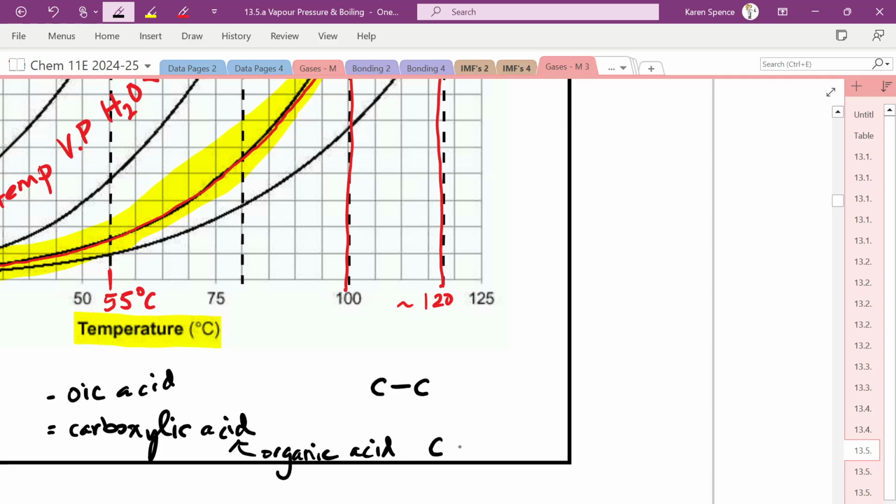C, O, O, H. Does that look familiar? Organic acids, carboxylic acids end in COOH.